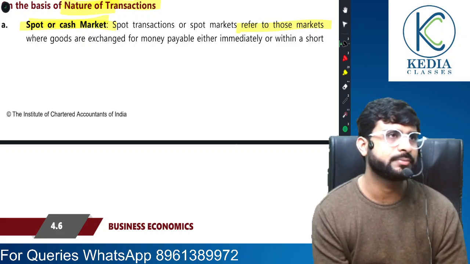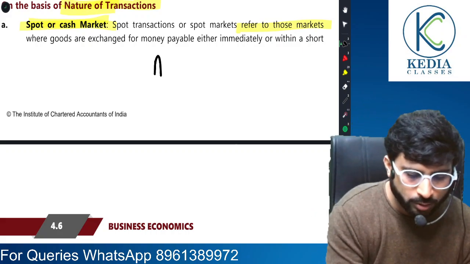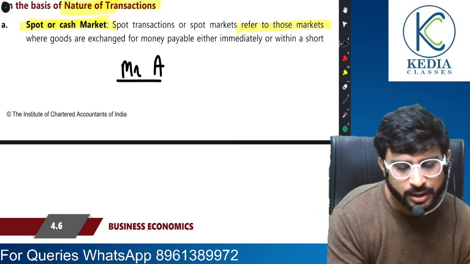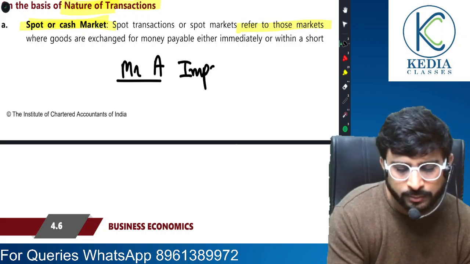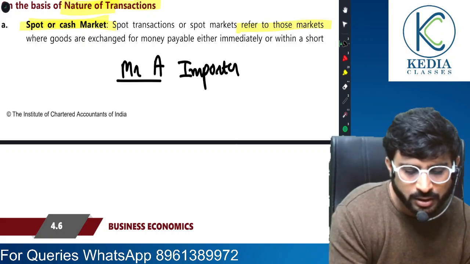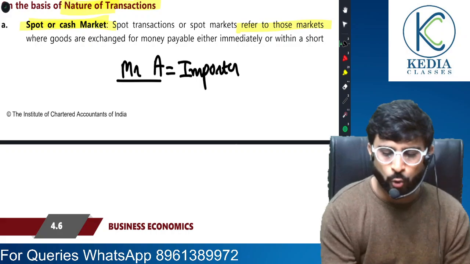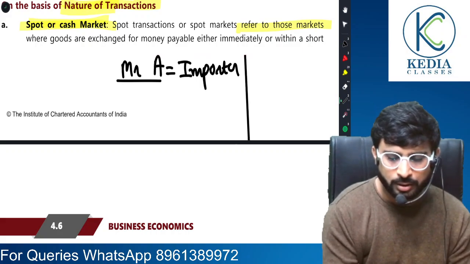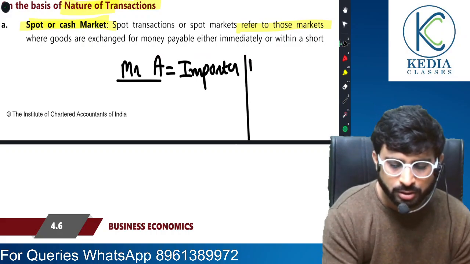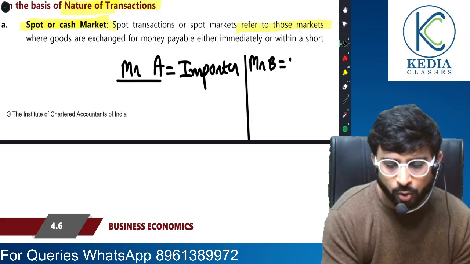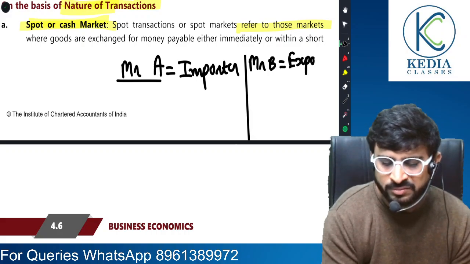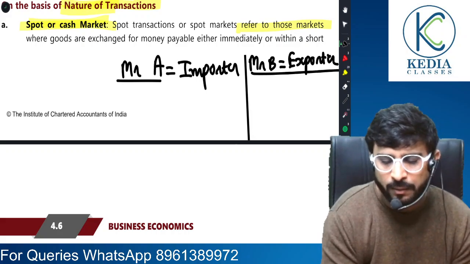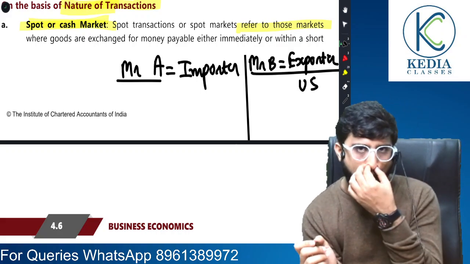So Mr. A is an importer. Now, what Mr. A is doing is buying some goods from Mr. B, who is an exporter. Mr. B lives in the US.